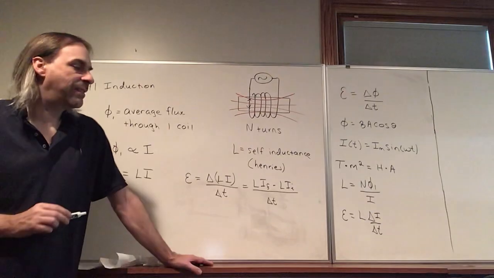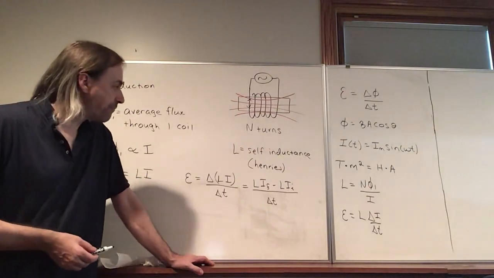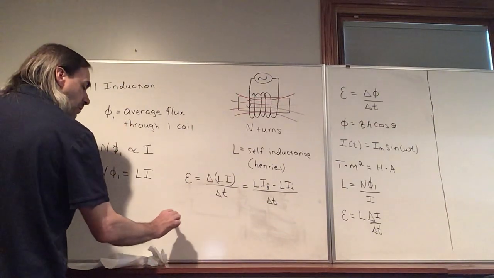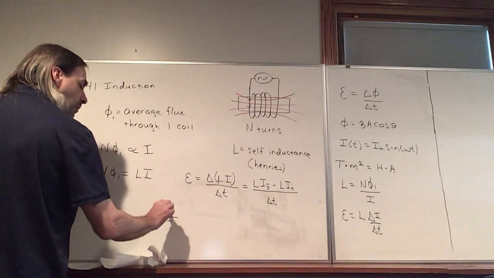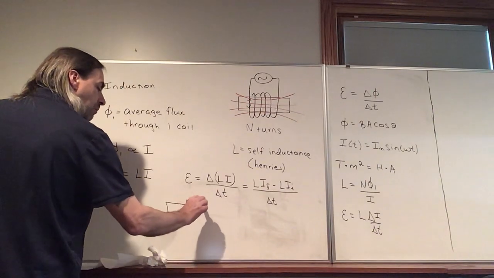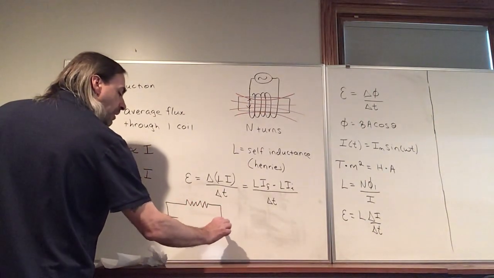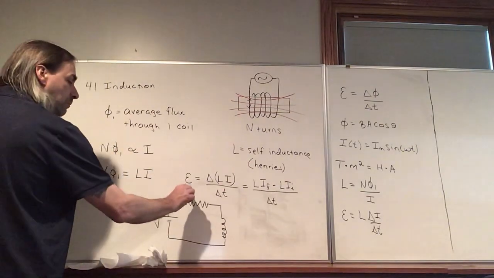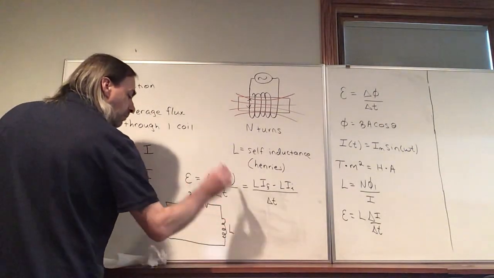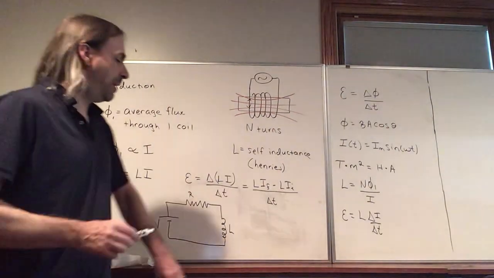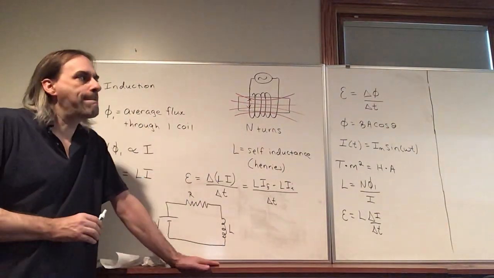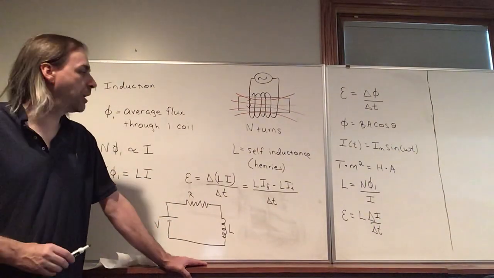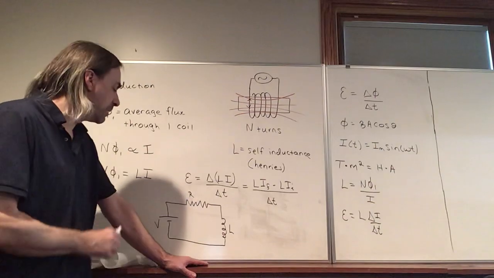And so what effect this would have on a circuit, let me actually draw this circuit again, where we have a power supply and a resistor, and let's say we have an inductor in here. The way we can do this, and there's some dispute about this, you have to be a little careful doing what we're going to do, but it worked for our purposes.